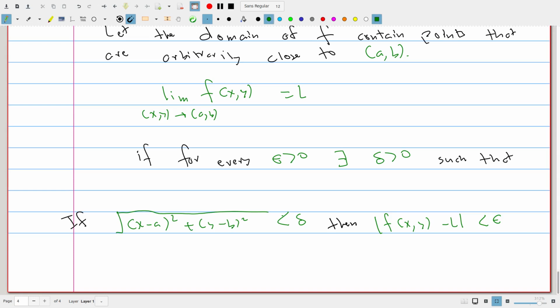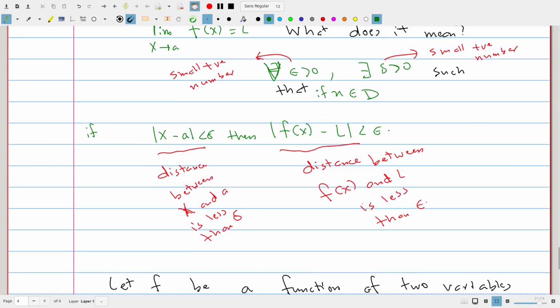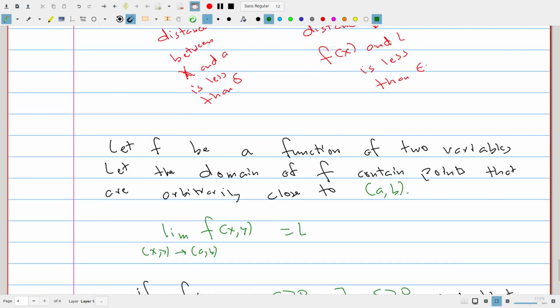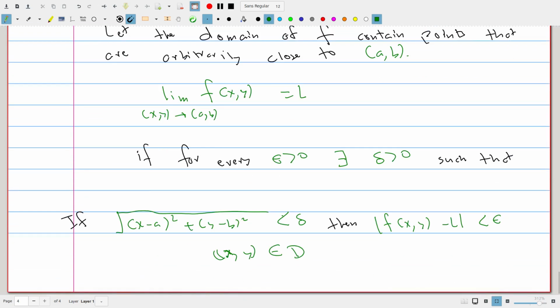Of course (x, y) is in the domain of f. Notice that in the previous definition we had a distance between x and a. Now we're dealing with a distance between (x, y) and (a, b). For that you have to use Pythagoras' theorem to find that distance.